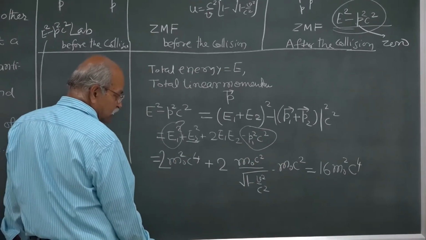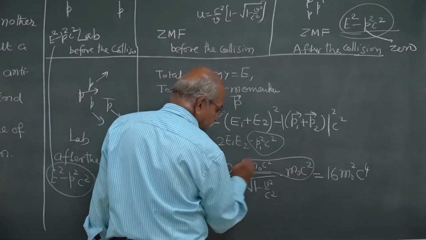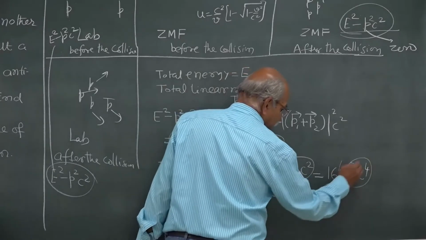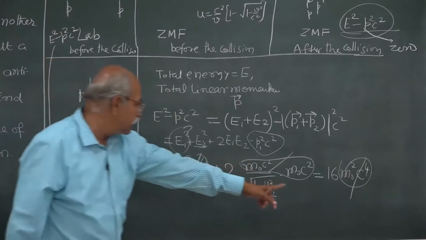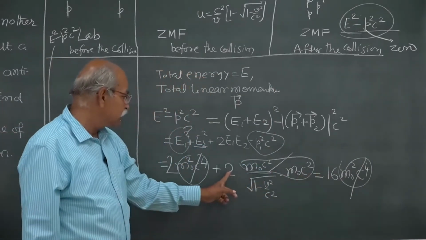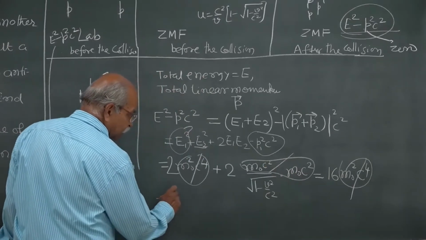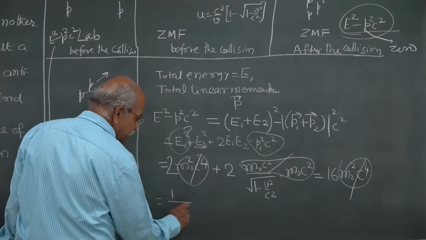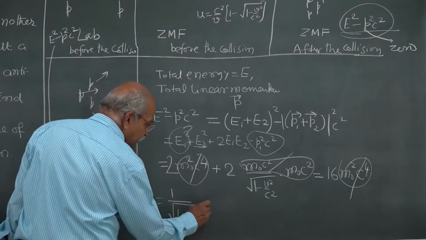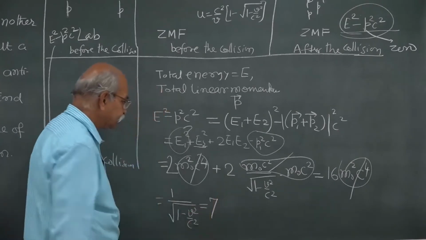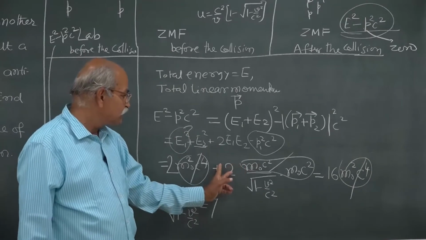You have m naught square C4, you can cancel it first. Then you have 2 here which can go on that side, making it 14. Then you have 2 here making that 7, and therefore what you are left with is 1 divided by square root of 1 minus v square by c square is equal to 7, right? This is 16 minus 2 is 14 and divided by 2 is 7.